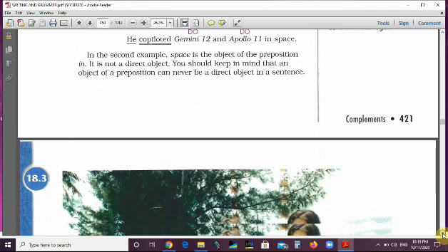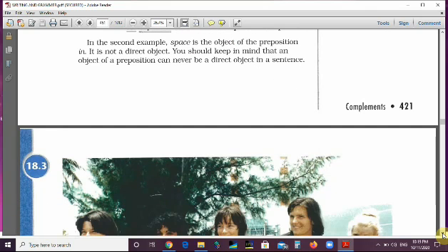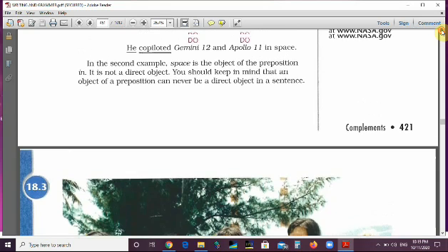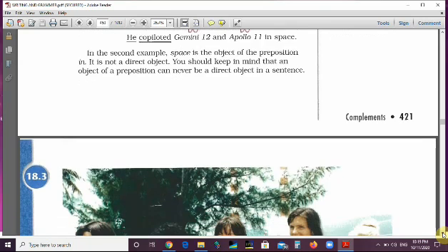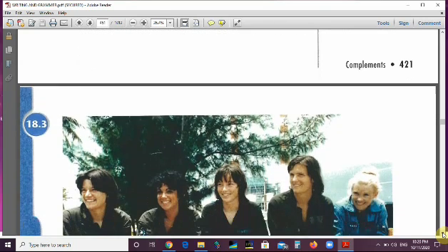In the second example, space is the object of the preposition in space here. So space can never be the direct object. Again, a direct object cannot be the object of a preposition. I'm sorry.